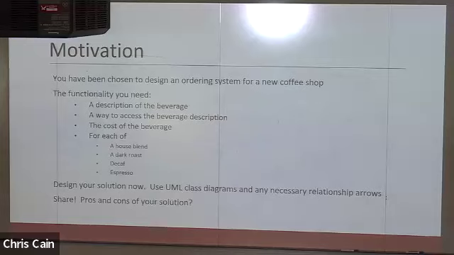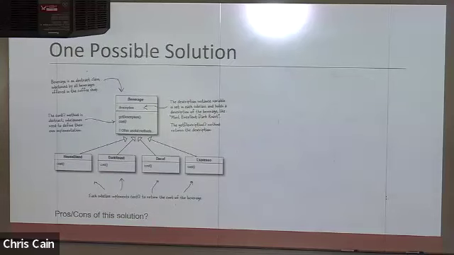The basic functionality that I expected people to come up with looked something like this, where we have a beverage abstract class where there's a description that needs to be done and a cost that needs to be inherited by all of these subclasses, and each of the subclasses would be a different drink. Each drink would have a cost associated with it.